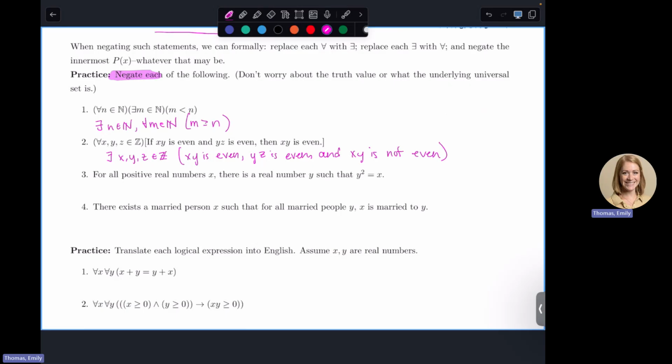All right, number 3. For all positive real numbers x, there exists a real number y such that y squared equals x. The negation of that? There exists x, and we're going to say positive real numbers, y'all, is R plus.